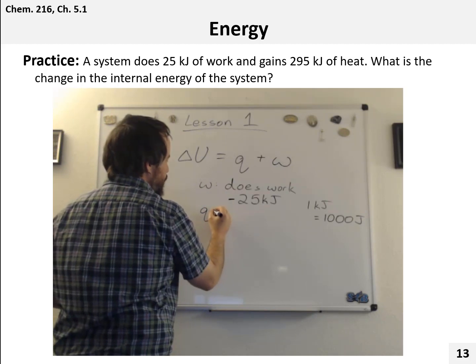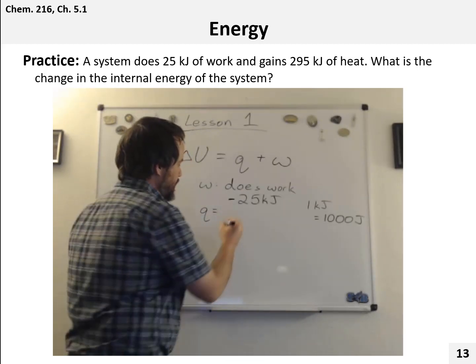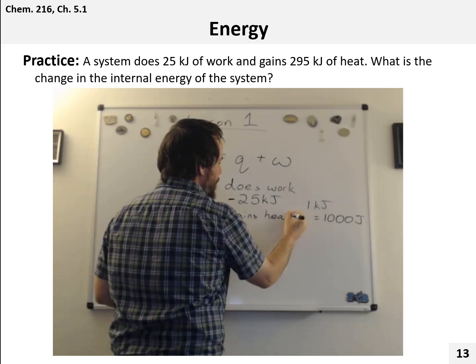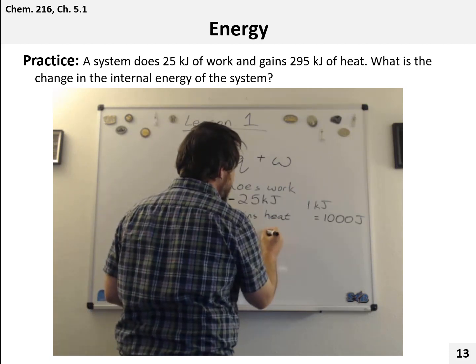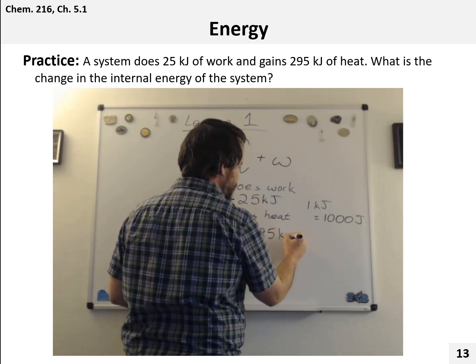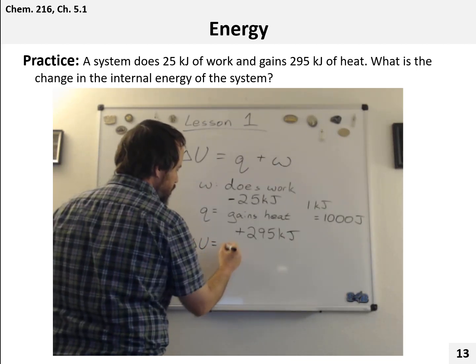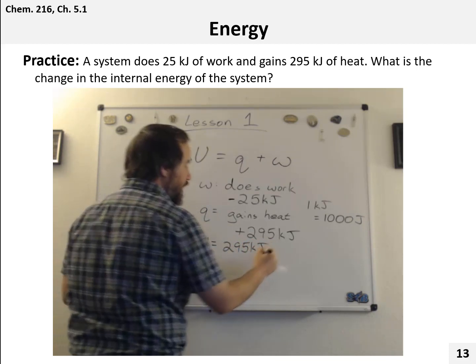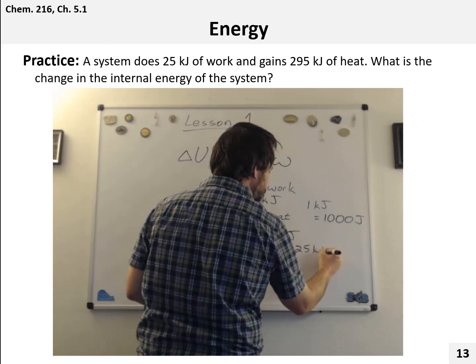What about my Q? I say that it gains heat. So that means that my Q is going to be positive. In this case, it's going to be positive 295 kilojoules. So I have my delta U equals 295 kilojoules plus minus 25 kilojoules.